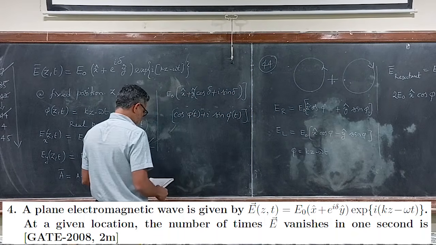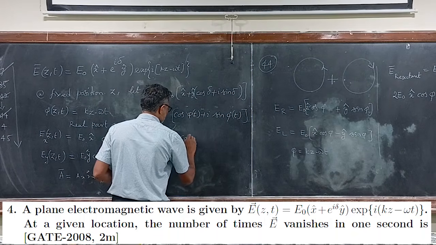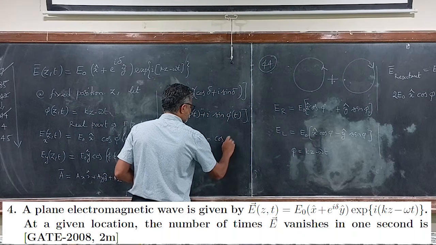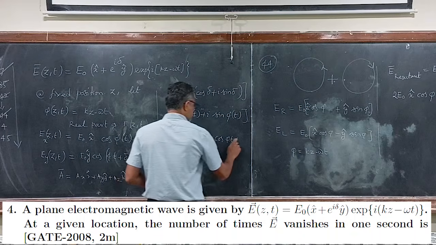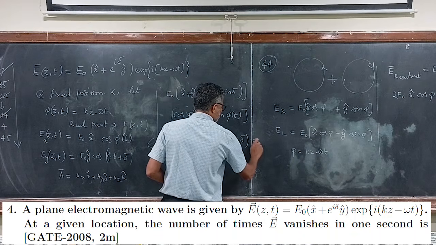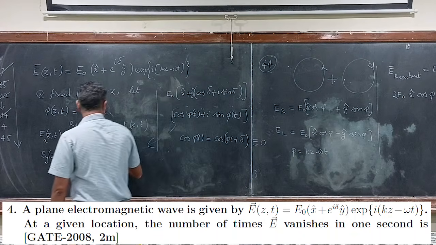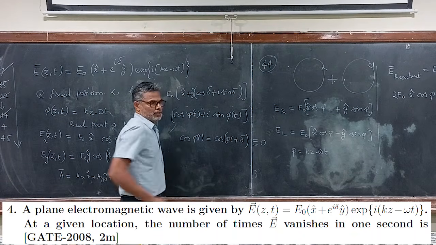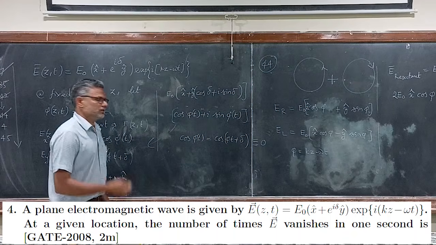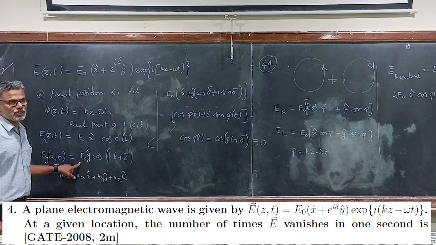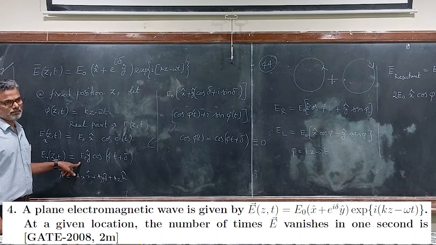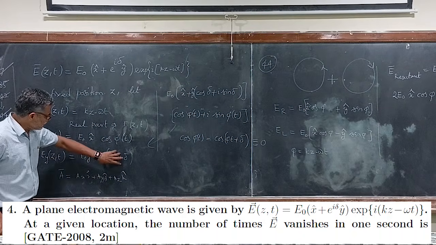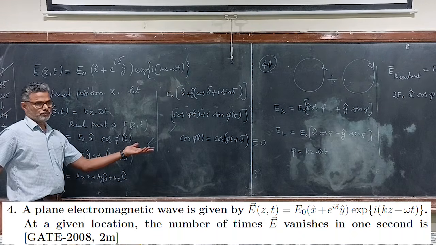So let's say your cos phi of t must be equal to 0, and cos of phi of t plus delta must be equal to 0. So only these factors must be 0. Because your E0 cannot be 0, it's a trivial solution; that is the amplitude of the wave. This and this combinedly should be 0.